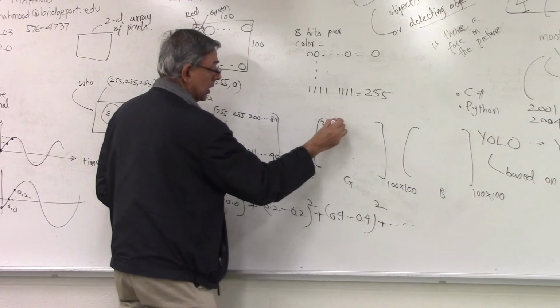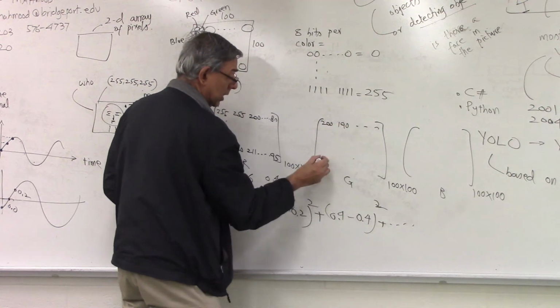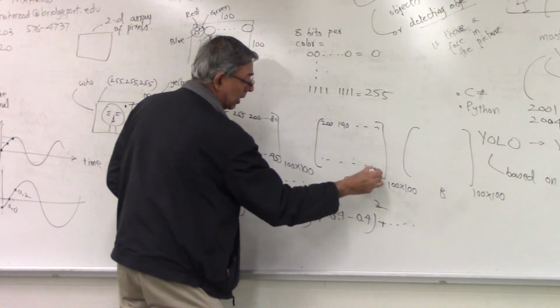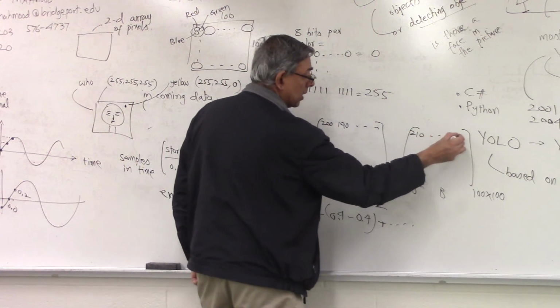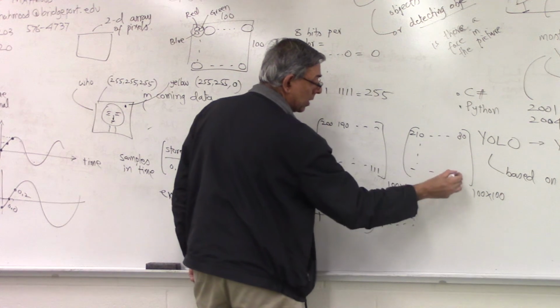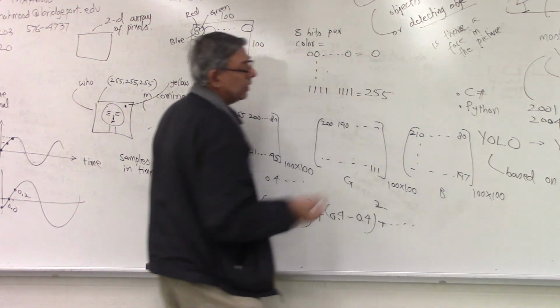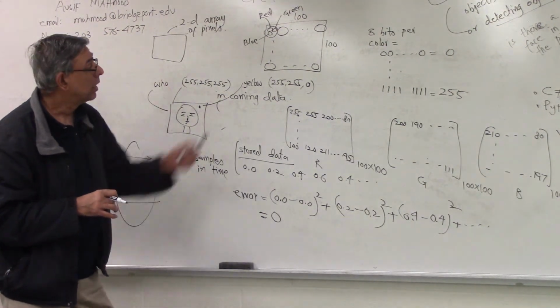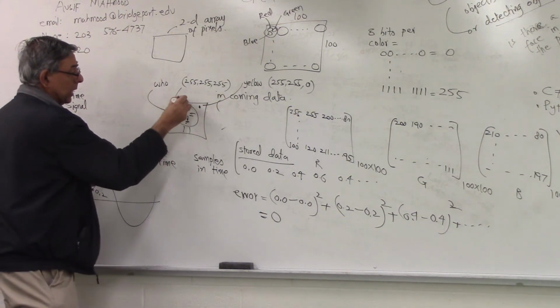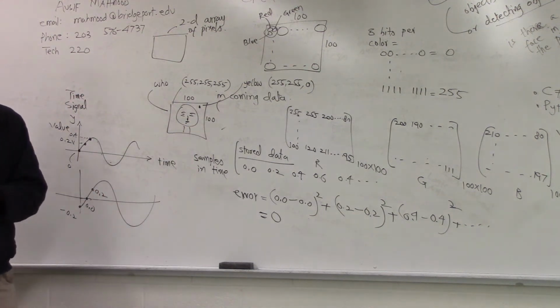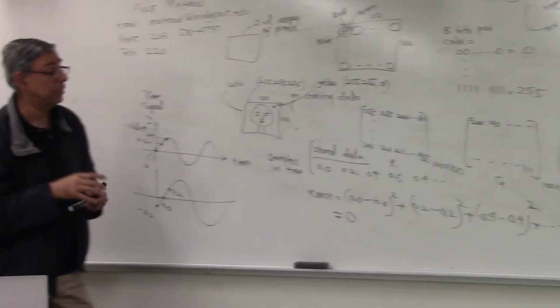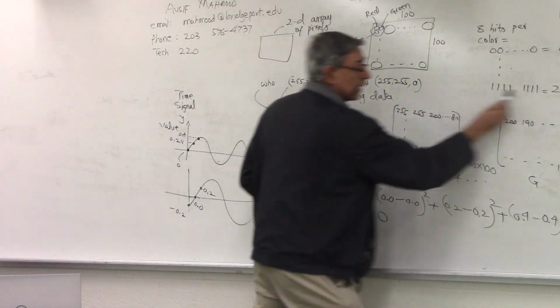Pretend this is 200, 190, and so on, 111, right? Very similarly for the blue color, 210, 80, 197, right? So given a picture, for this person, once again, if it's a 100 by 100 image, we can represent the image with 3 matrices like this.